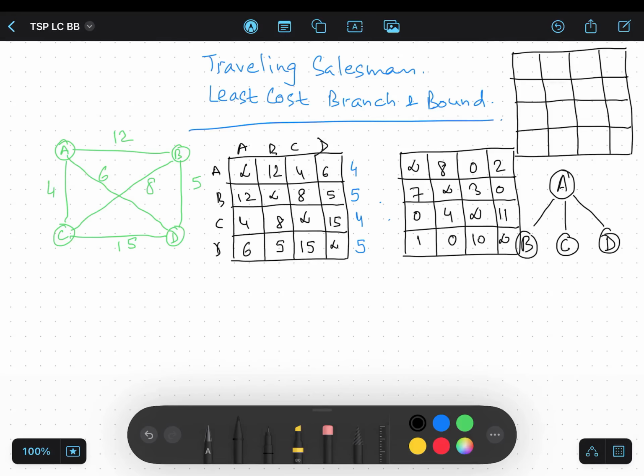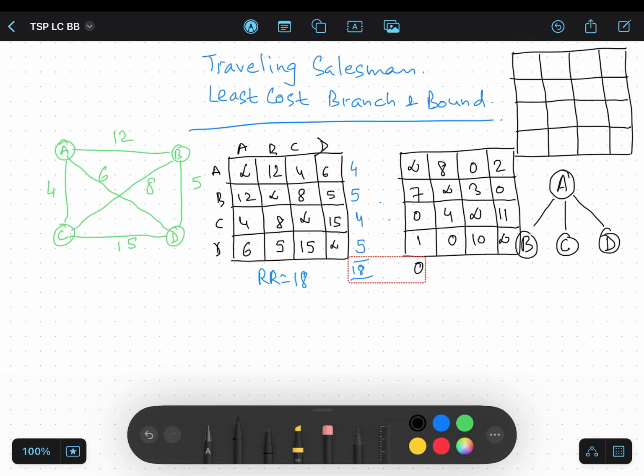What we did is we reduced every row with the minimum value in that row. And the total reduction in the row is 18. So this is the row reduction, which is 18. We are going to do the same for the column reduction. So we look at every column and check the minimum value in the column.